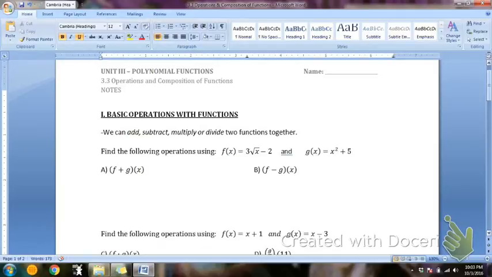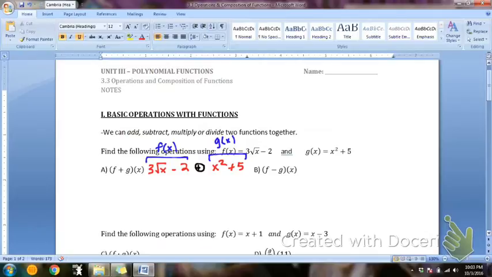The way I like to start this is to take my f function, which is 3 square root of x minus 2. So this I know is the f function. And then it says we're going to add the g function. And my g function is x squared plus 5. So this is my g function up here.